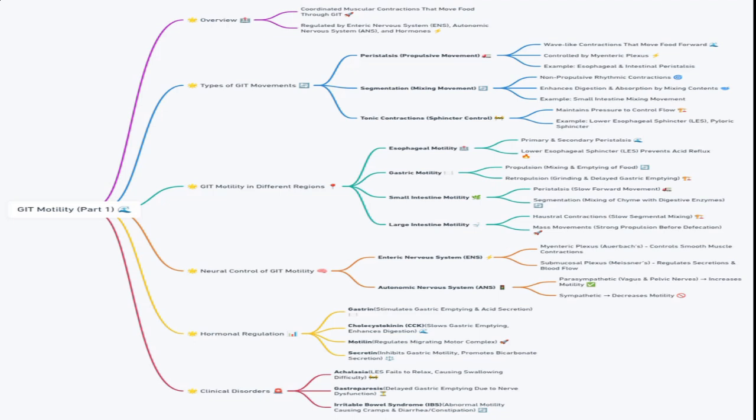And remember motility. So when you talk about the phases, at phase 1 there are no spike potentials, at phase 2 there are irregular spike potentials and contractions, and when it comes to phase 3 there are regular spike potentials and contractions.